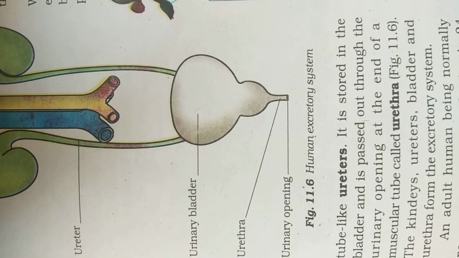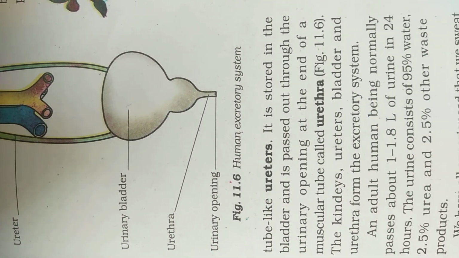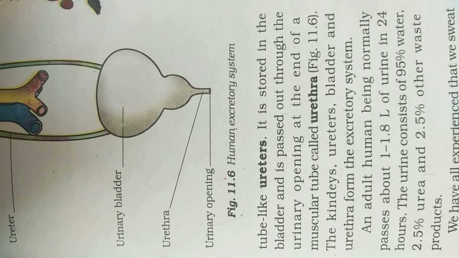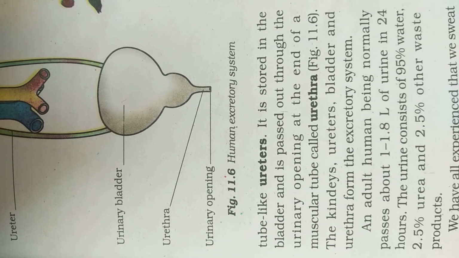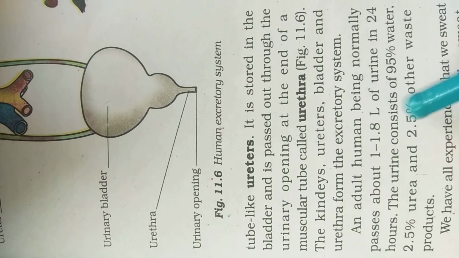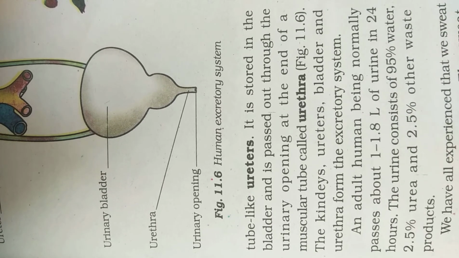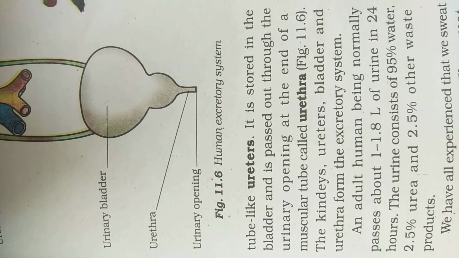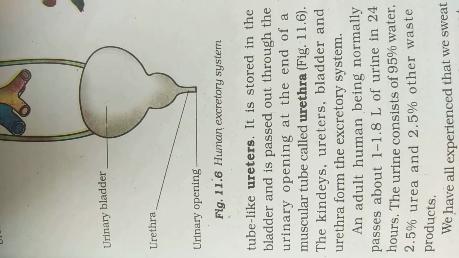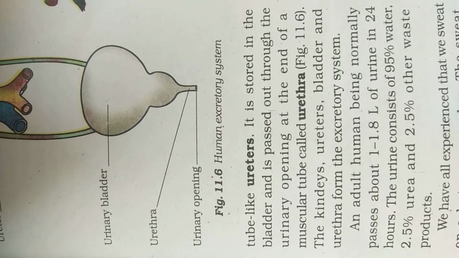The urine consists of 95% water, 2.5% urea, and 2.5% other waste products. So the adult throws out 1 to 1.8 liters of urine in 24 hours, and that urine consists of 95% water, 2.5% urea, and 2.5% other waste products.